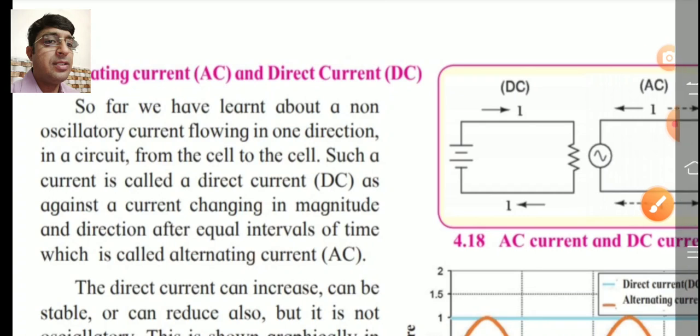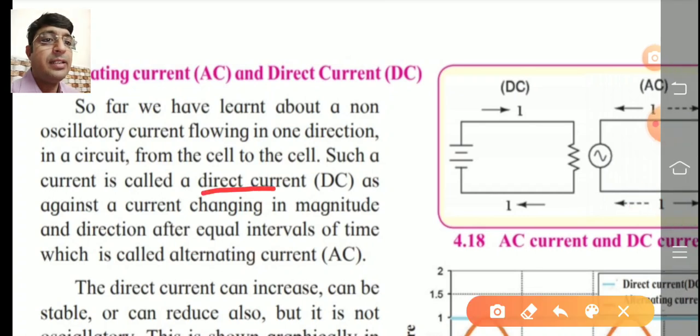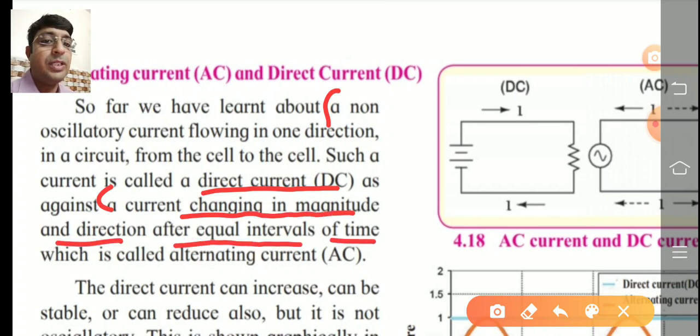Such a current is called direct current. Mark it. Start from here. A non-oscillatory current up to the direct current. As against this, next question: what is meant by AC? A current changing its magnitude and direction after equal intervals of time is called alternating current.